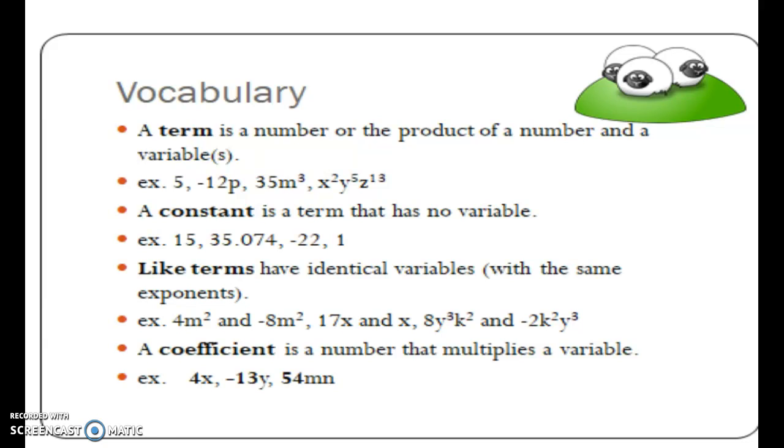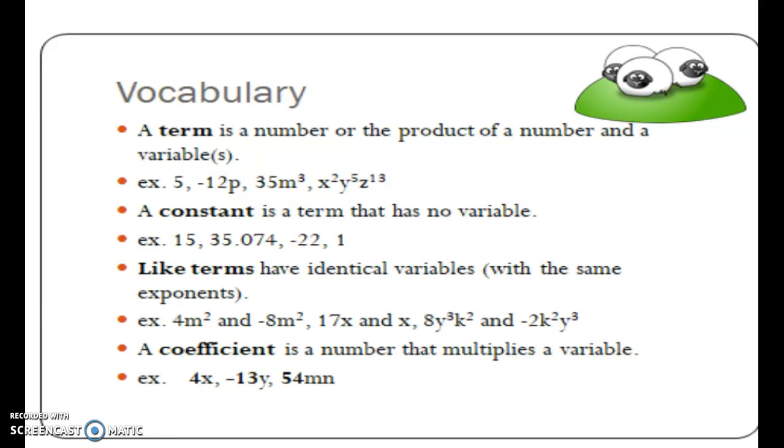Here's some vocabulary that you may need to review to brush up on, make sure you understand. A term is a number or the product of a number and a variable. That's the term. So example, 5 could be a term, negative 12p could be a term, 35m cubed could be a term.